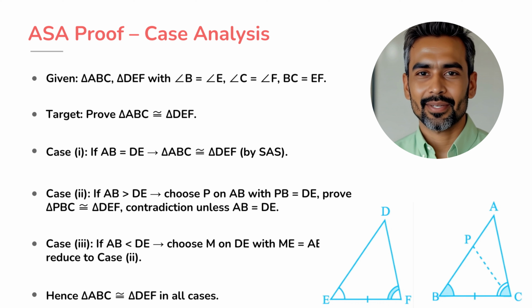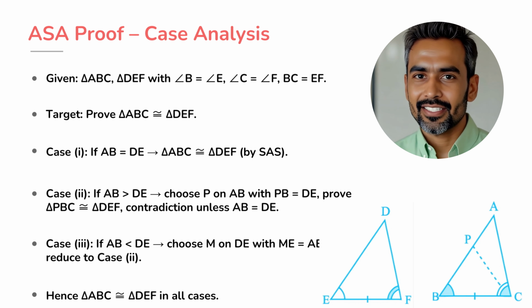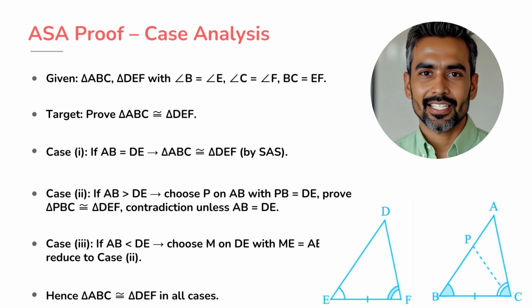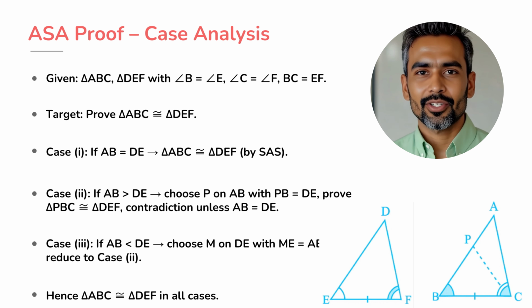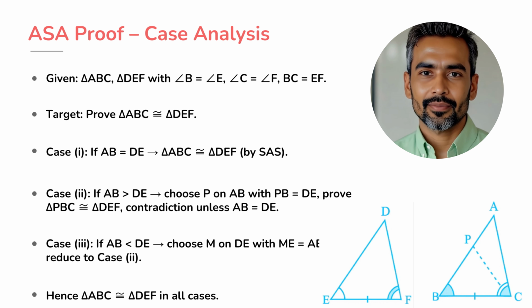Now, case 2. What if side AB is greater than side DE? In that situation, we choose a point P on AB such that PB equals DE. Then, we compare triangle PBC with triangle DEF. They turn out to be congruent. But this creates a contradiction unless AB actually equals DE. And finally, case 3.